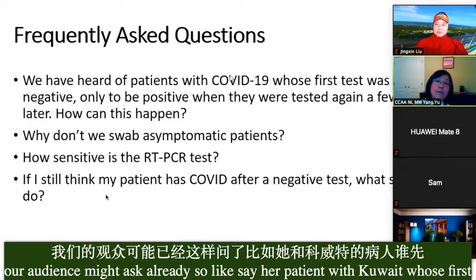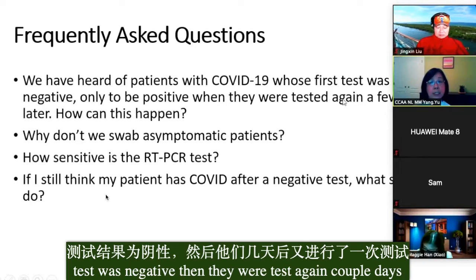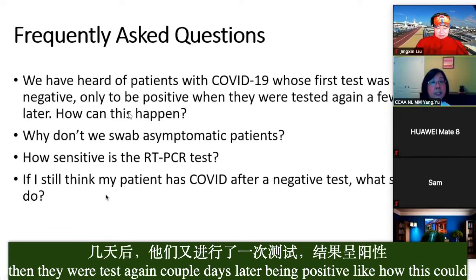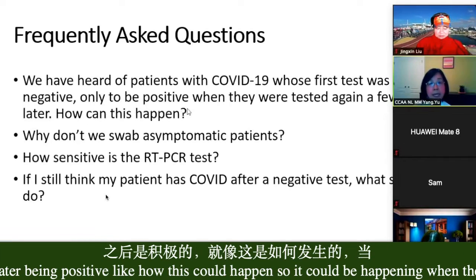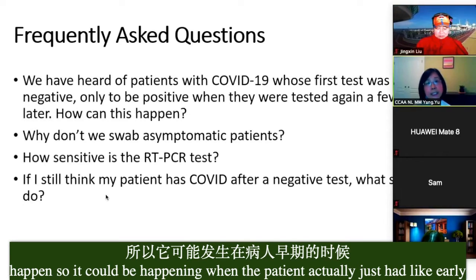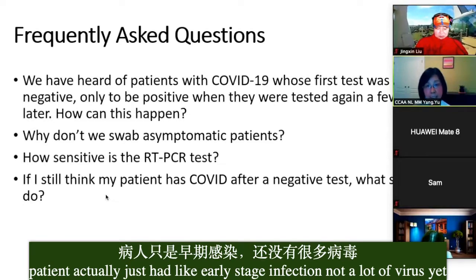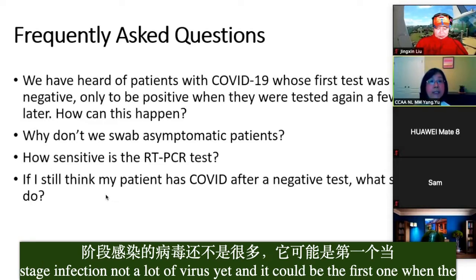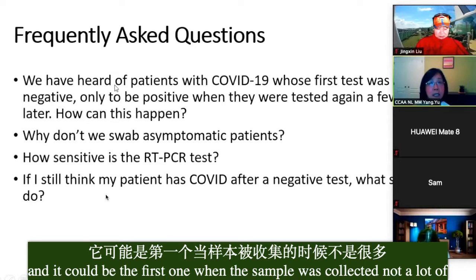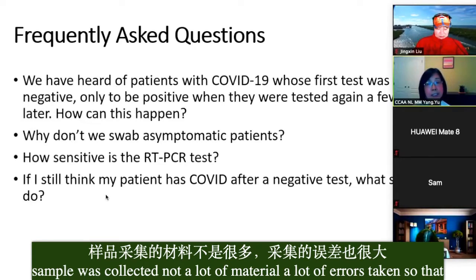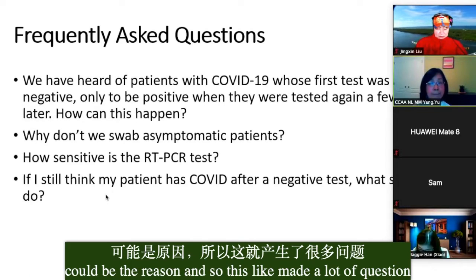Say we heard of a patient with COVID whose first test was negative, then they were tested again a couple of days later and were positive. How could this happen? It could happen when the patient had an early stage infection, not a lot of virus yet. And it could be that when the first sample was collected, not a lot of material or virus was taken. So that could be the reason.